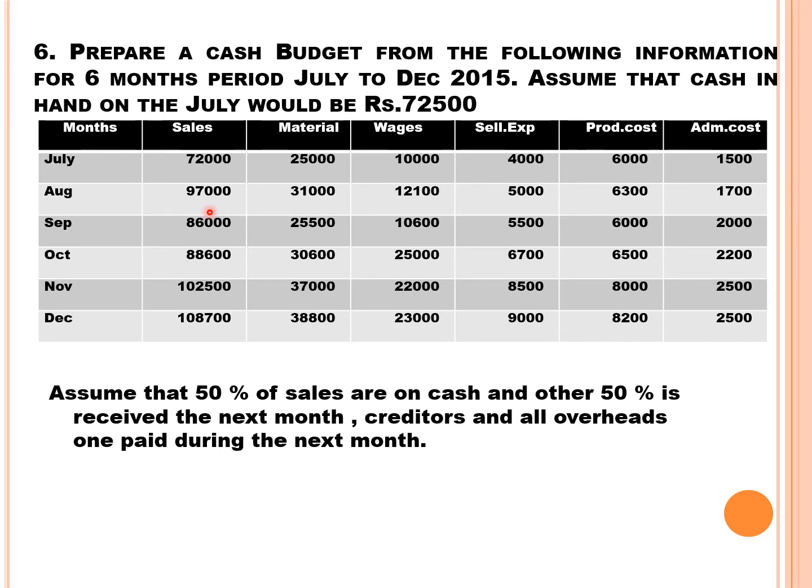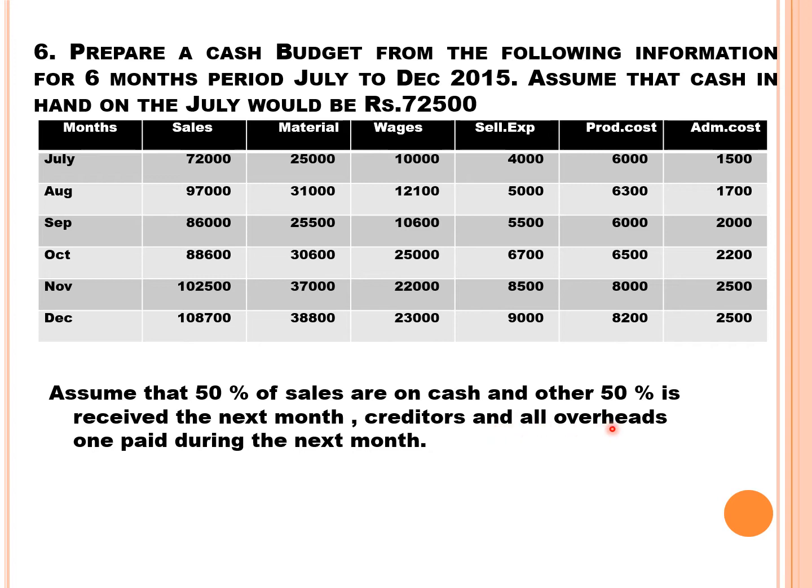You get 48,500 will be received in August, and another 48,500 will be received in September. Total sales of September is 86,000. So 86,000 divided into 50%, 50%, you get 43,000 will be received in September and another 43,000 will be received in October.